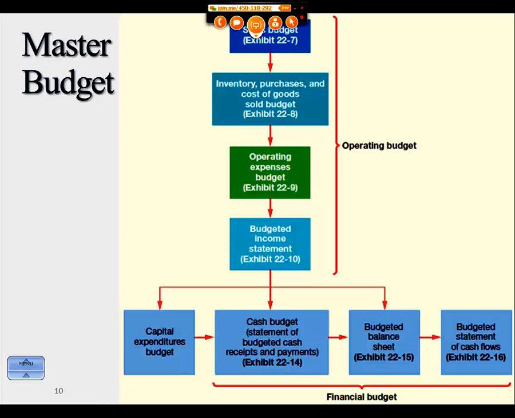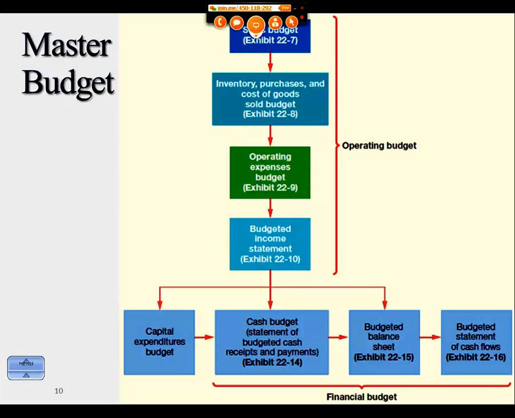Then we said the next one is your capital expenditure budget. So first you'll create your sales budget, then inventory purchases and cost of goods sold budget, then operating expenses, and then your budgeted income statement. Once you're done with these four, you can say that your operating budget is good to go. You're done with it.